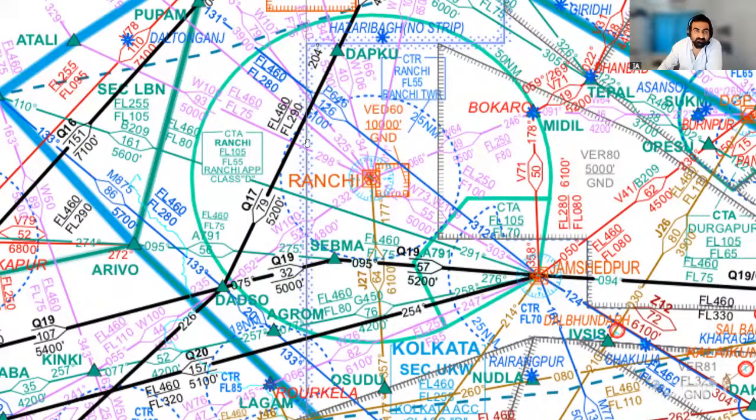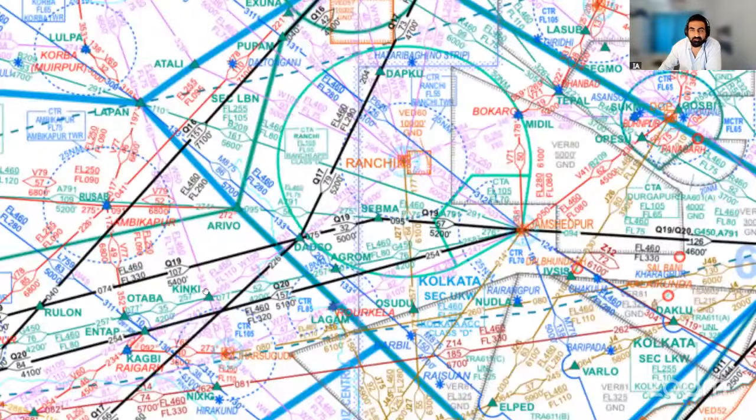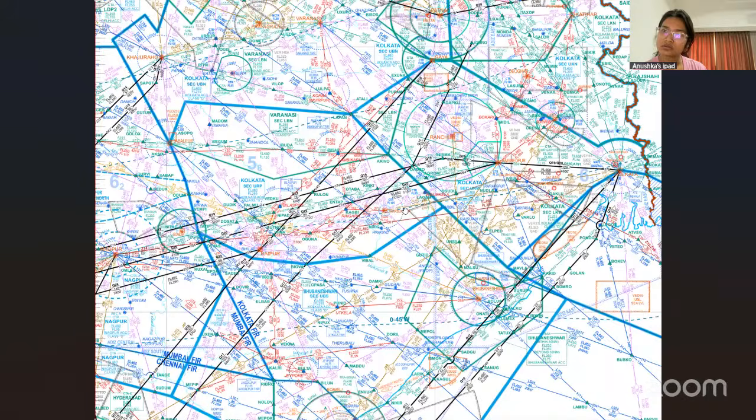We see there is some straight line with some dots on both sides. That is also a unique feature of the chart. Yes, it's a very long line.